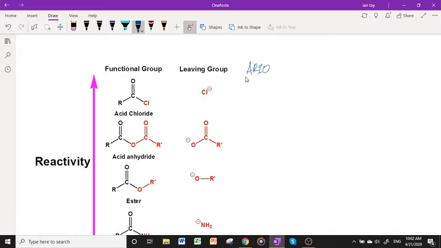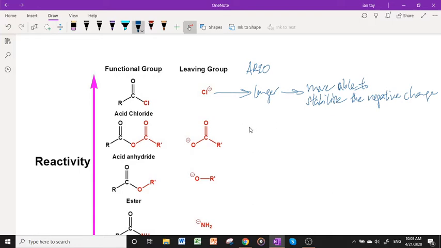And so we will first take a look at the atom. In this case, Cl minus is the larger atom compared to oxygen and nitrogen, and so it's more able to stabilize the negative charge by dispersing it over its much larger electron cloud. And then we take a look at these two, which is more stable.